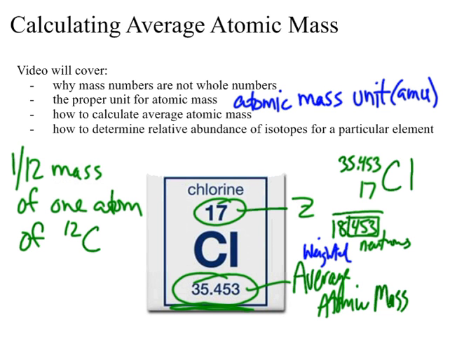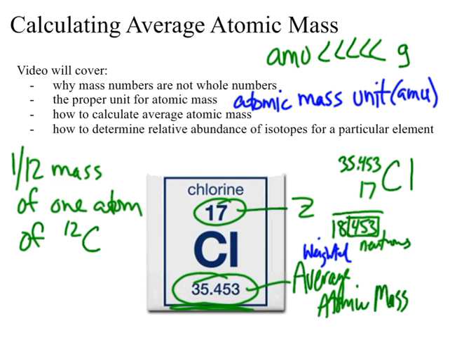Okay, so that's what defines an atomic mass unit as far as how much mass that is. Obviously this is a very, very small amount. AMUs are much, much smaller than even grams, milligrams, or centigrams. Anything that we've dealt with in mass, AMUs are much, much smaller than that.